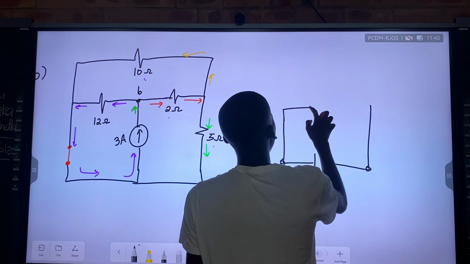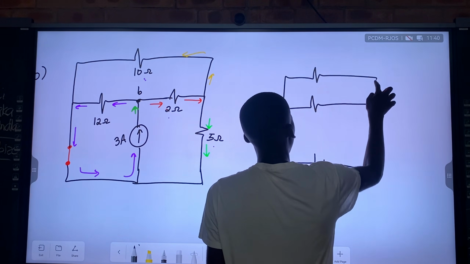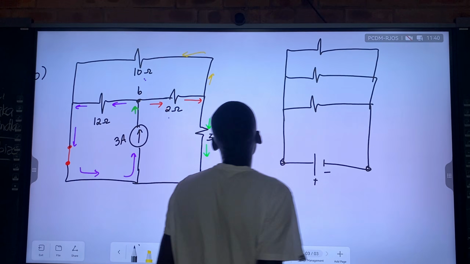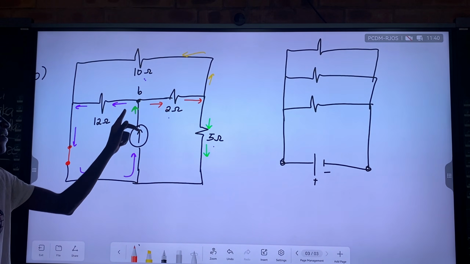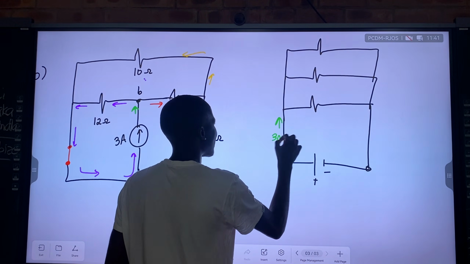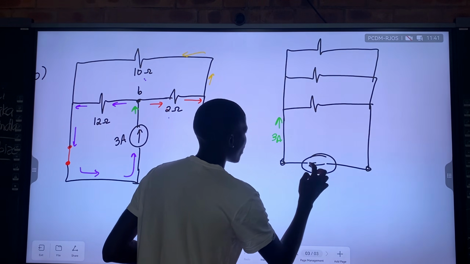This is the same thing as when they are here. The first split: we have the green current of 3 amperes. So this was our 3 amperes. Let's just say this is our current source. I just want to demonstrate it.